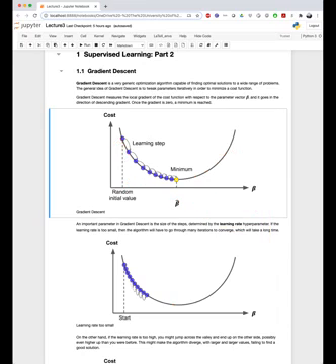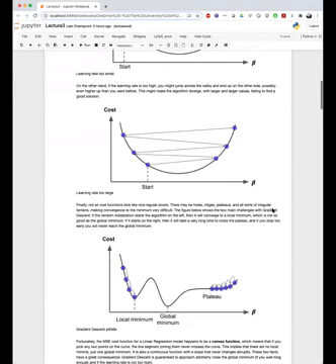And what happens if we have a relatively large learning rate? For a large learning rate, you will see something like this. First, you are here, right? Since the slope is less than 0, you will move this way. And since your learning rate is too large, that means your step size is too large, it can move to here. After it moves to here, we have a slope which is greater than 0, right?